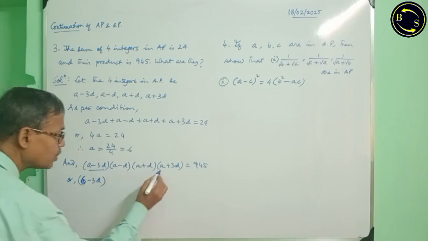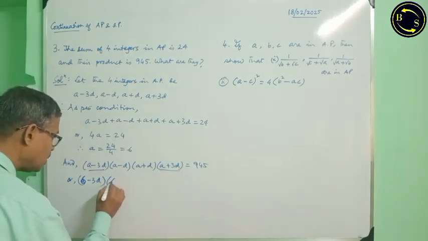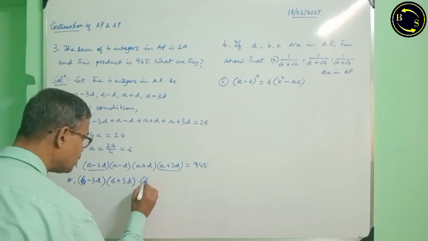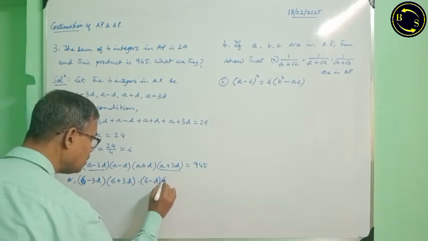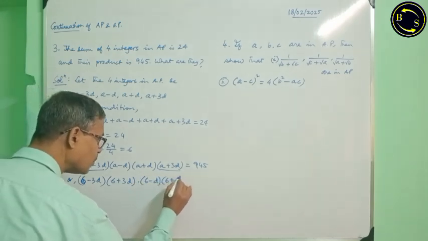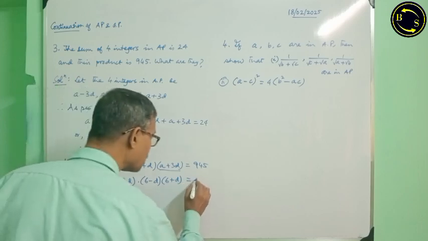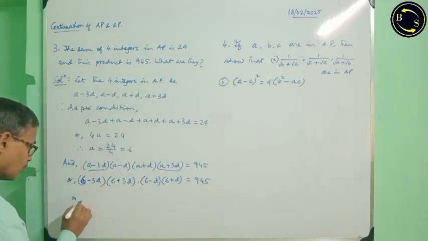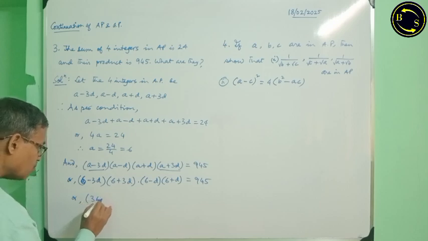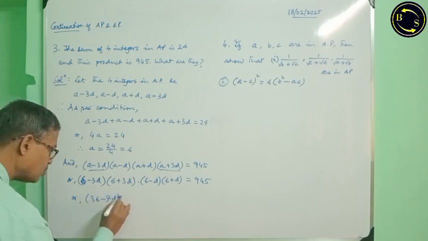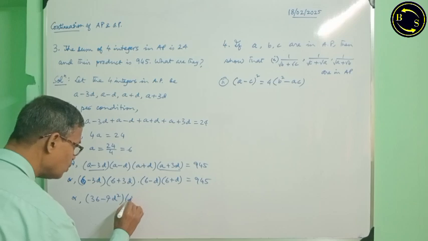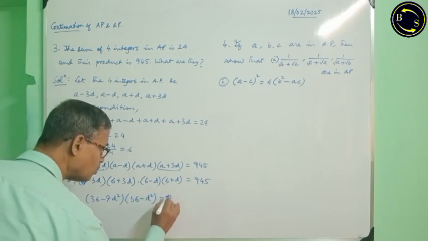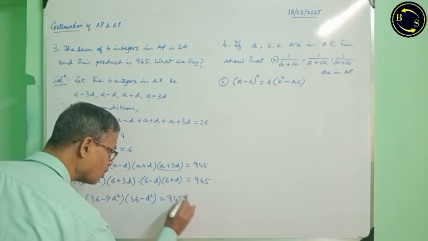I take these two first, 6 plus 3D into 6 minus 3D, and 6 minus D into 6 plus D, that is equal to 945, or 36 minus 9d square into 36 minus d square is equal to 945.